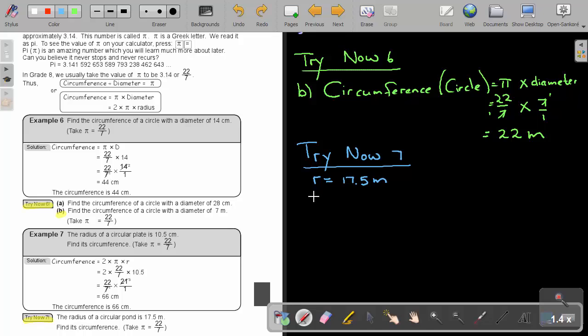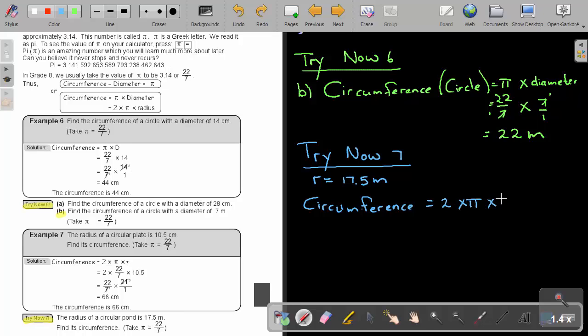So remember, if I want to find the circumference, we're going to use that formula, 2 times pi times the radius. And that will be 2 times, we're going to use 22 over 7, and the radius will be 17.5.